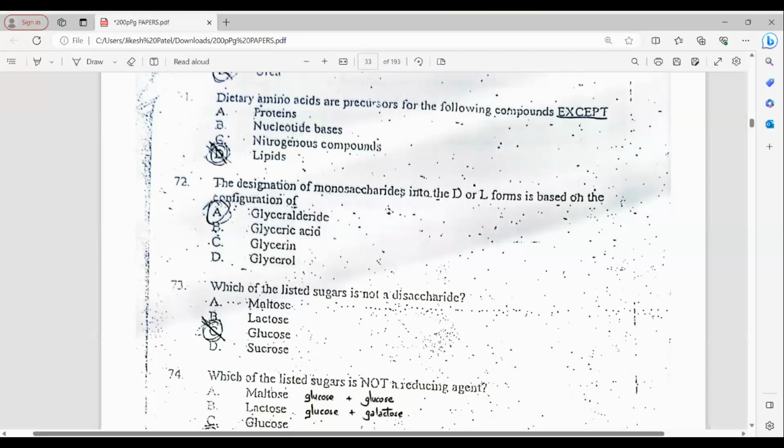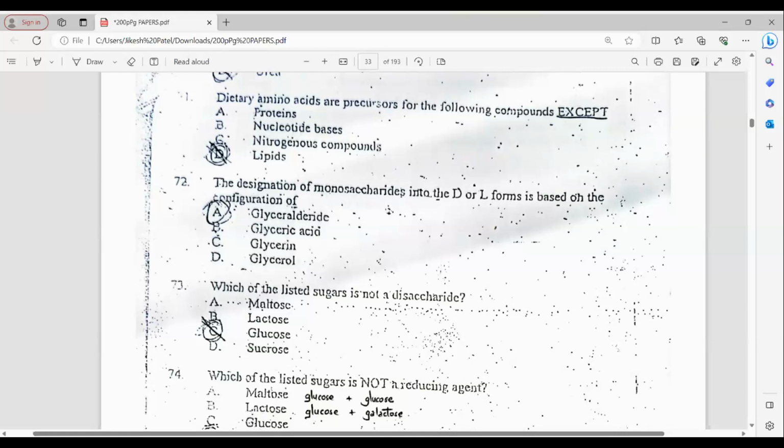Okay, this one, help. On number 71. Yeah, 71.